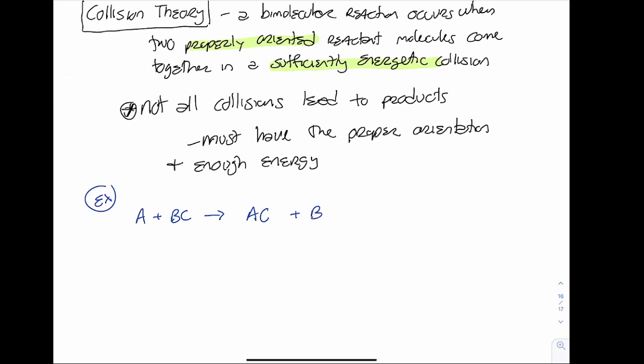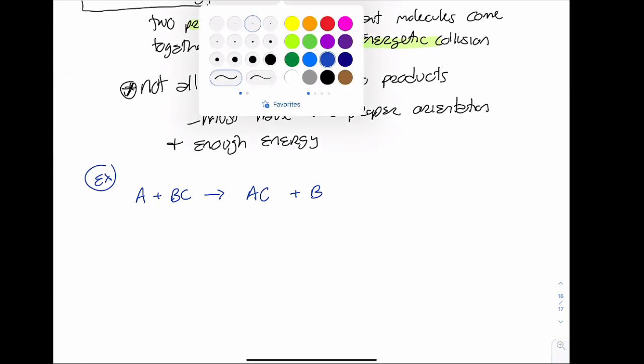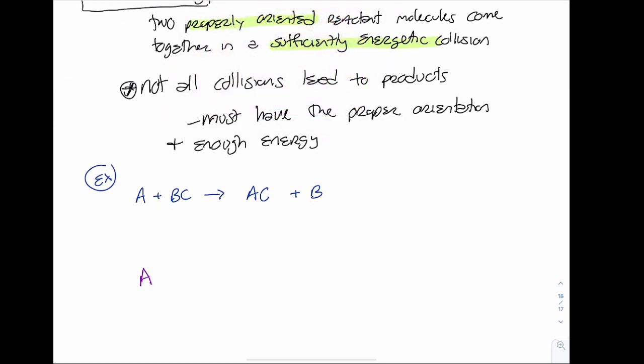So just a single replacement. So A is floating around, and then B, which is bonded to C, is floating around. And those need to collide with each other. And if I look at my product, A is bonded to C.